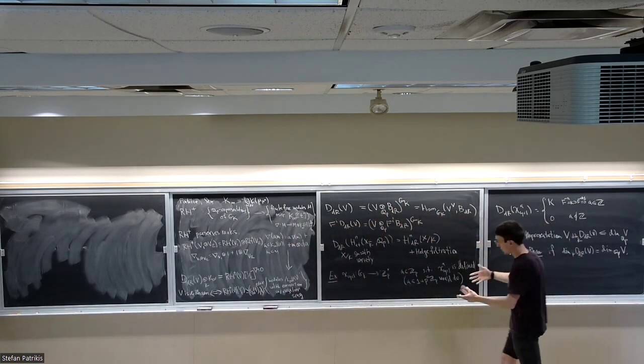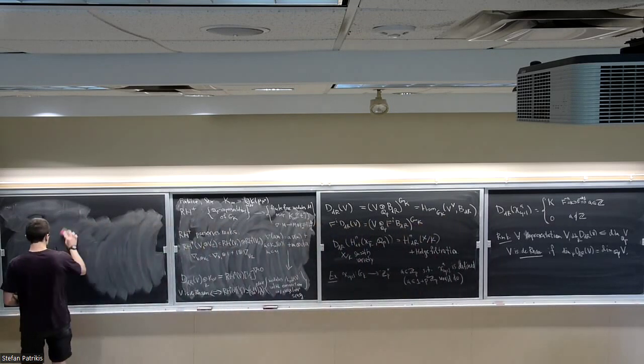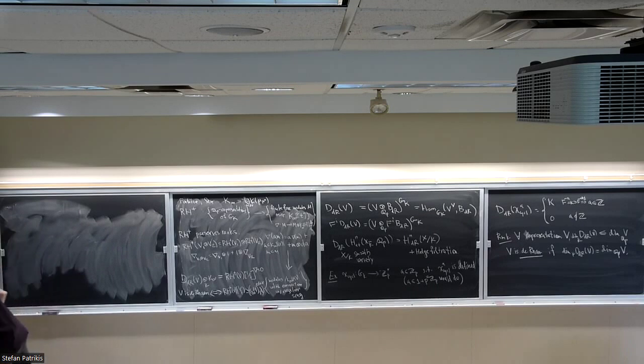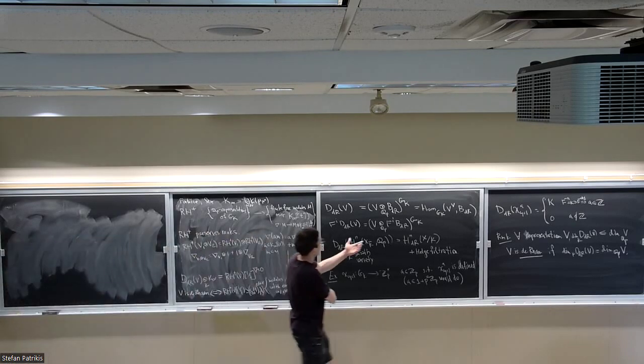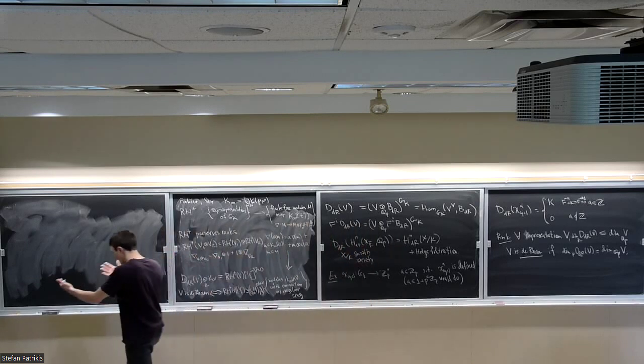And let me try to do this in two steps. Here I'm studying this functor V tensor B de Rham, and let me remind you what Ellis just said.